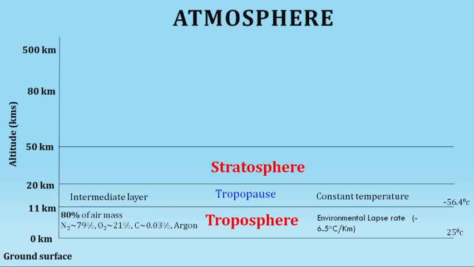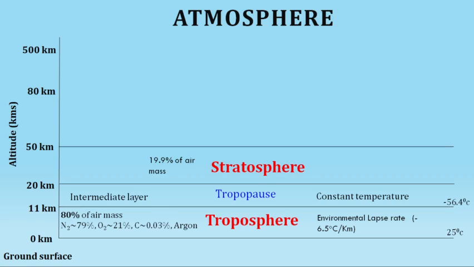So what actually happens that we have ozone in this layer, we'll see it now. Firstly, the stratosphere is the layer which comprises 19.9% of the air mass of Earth. So 80% is occupied in troposphere and 19.9% is occupied in stratosphere.